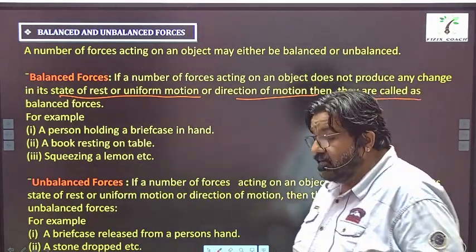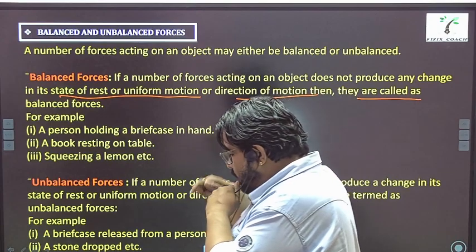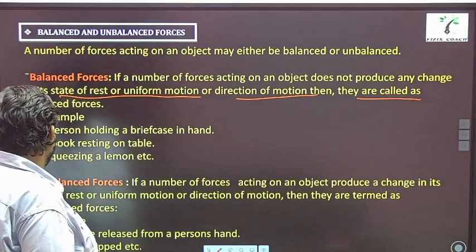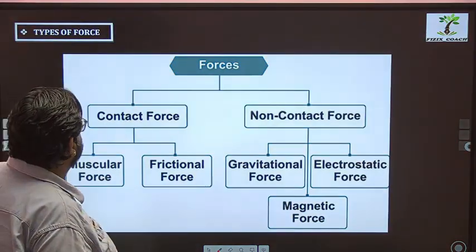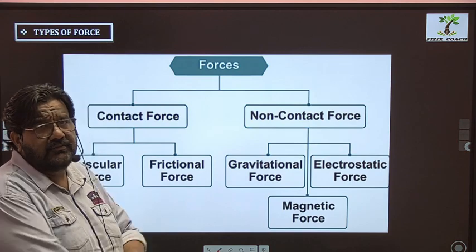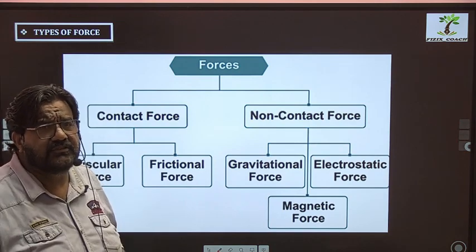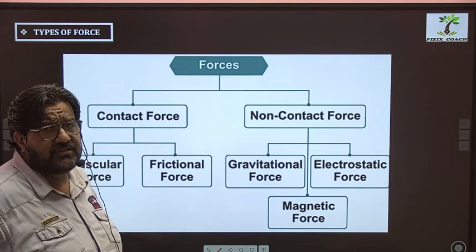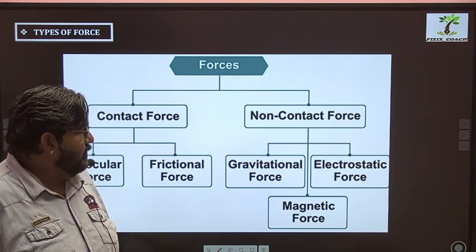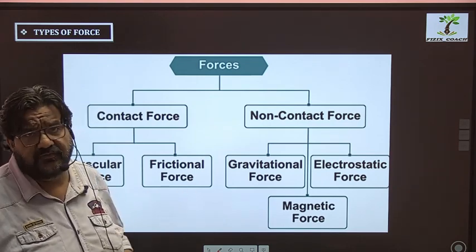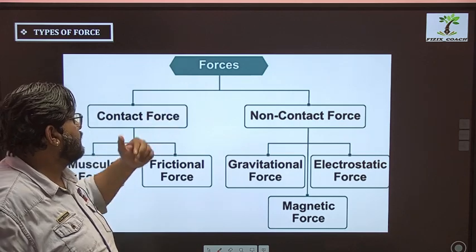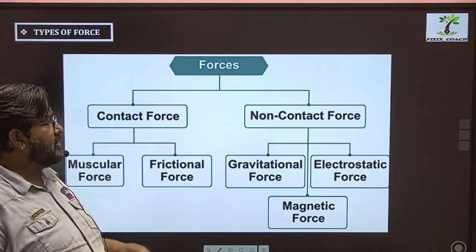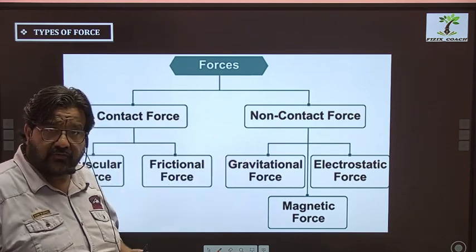Right. So now, after this, let us understand various types of forces. Balanced and unbalanced forces was one classification, and this is the classification which is widely covered. It covers most of the forces. See, forces are classified into 2 types: contact forces and non-contact forces.